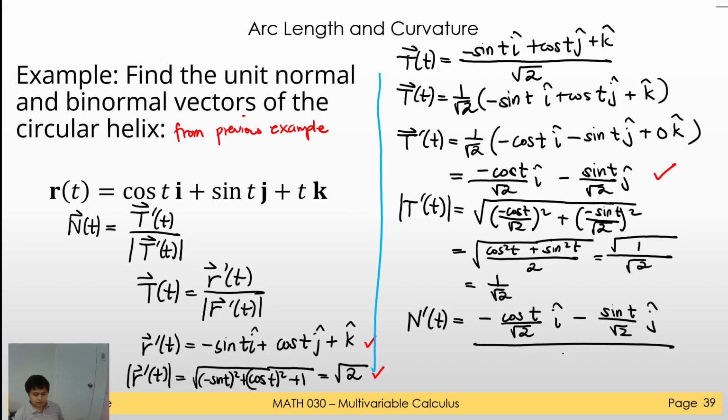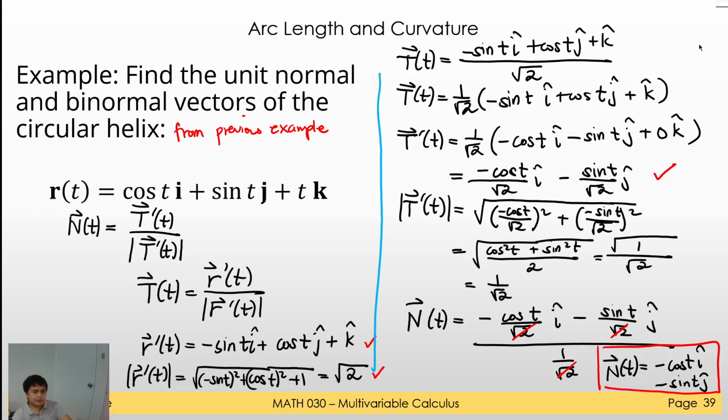So actually you can cancel this out. Therefore your unit normal vector, N of t, is equal to negative cos t i hat minus sine t j hat. So this will be your unit normal vector.